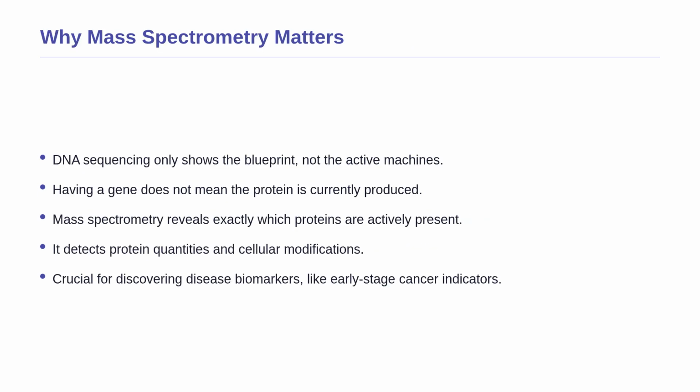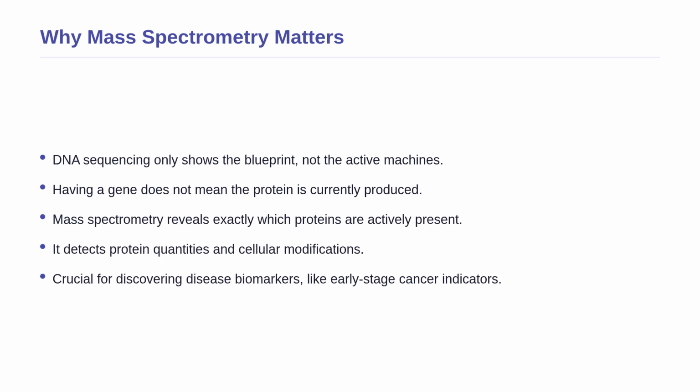You might wonder why we need this complex machine when we can just sequence a person's DNA. The truth is, having a gene in your DNA does not mean the corresponding protein is actually being produced in your body at any given moment. DNA is just a static blueprint.